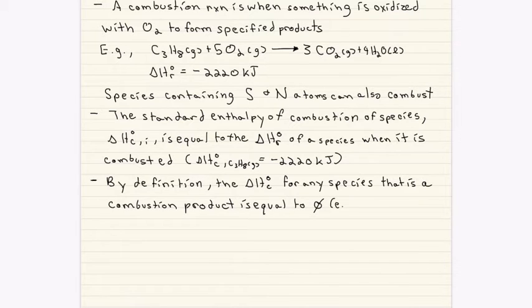Alright? So for example, the products include the carbon dioxide on the right hand side, the H2O on the right hand side, or if we're dealing with sulfur, SO2, or nitrogen, NO2, things like that, etc.